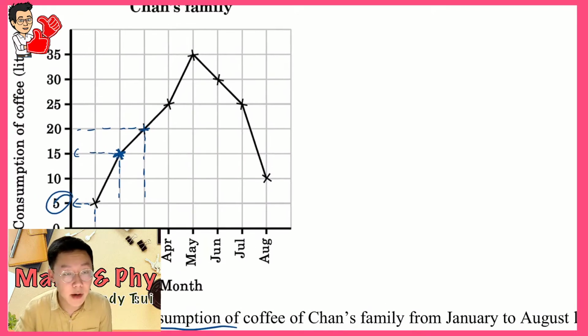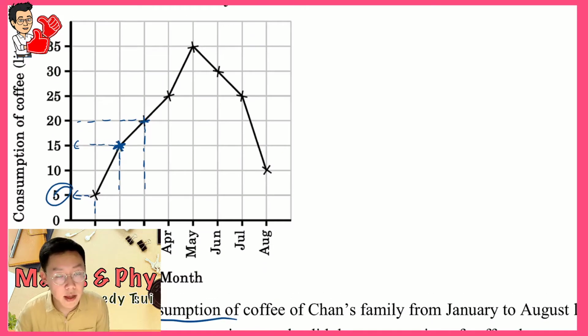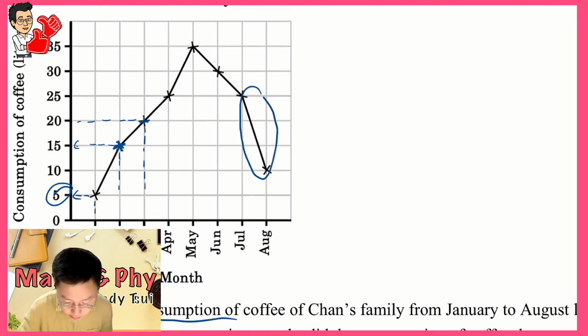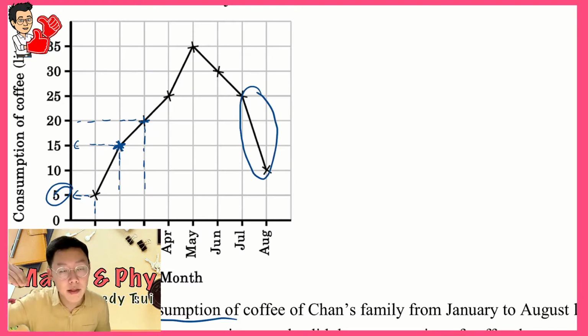Let's look at this broken line graph. We look at the line segments. Which line segment decreased the most? Maybe we can see it should be July and August, because you can see this line drops the most. That means it decreased the most.